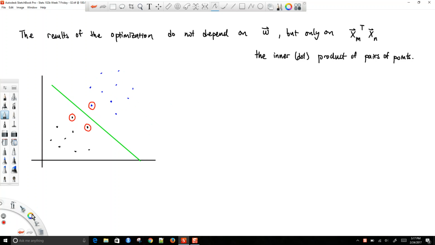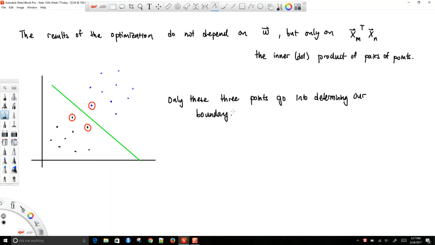So only these 3 points go into determining our boundary.